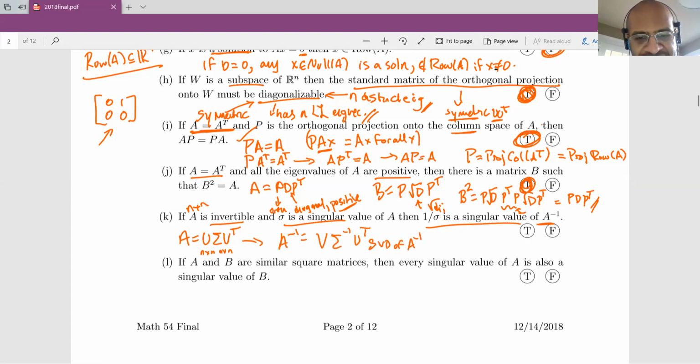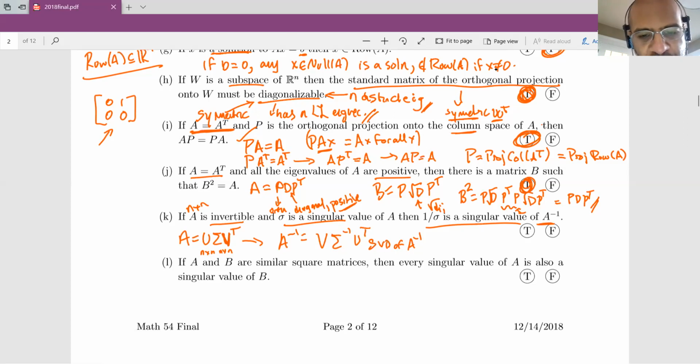Now, what are the singular values of A inverse? Wait, sorry, going back to the first equation, does that say A equals U sigma V transpose? Yeah, V transpose, sorry. The U's and V's are looking too similar here. And in the second equation, you reverse the order, because that's what inversion does.